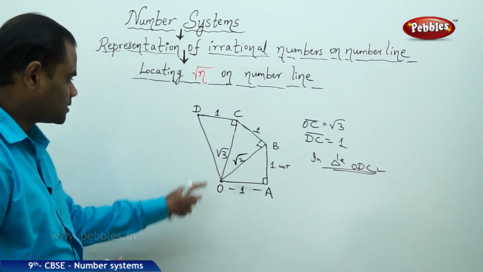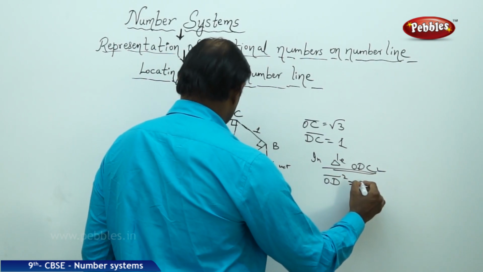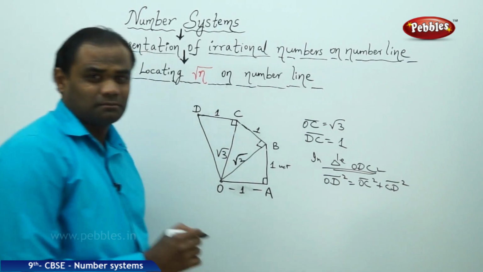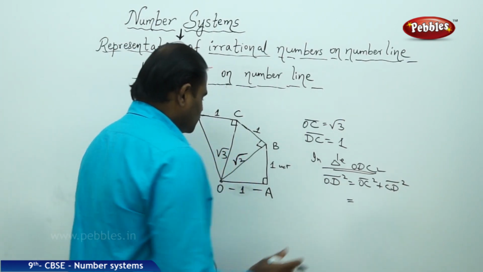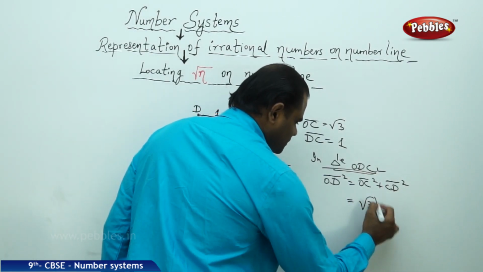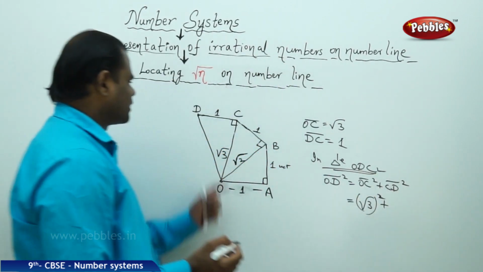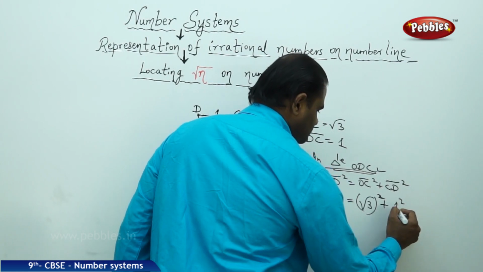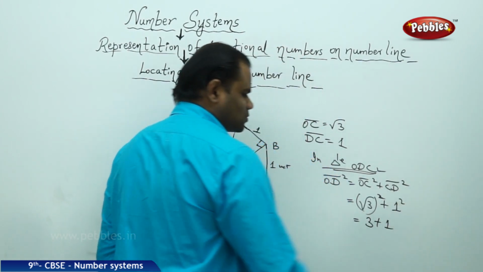I have the Pythagoras theorem which says OD square is equal to OC square plus CD square. Now we know that OD square is what we need to find, with OC being root 3. So I have this to be root 3 square plus CD square, which is 1 square.